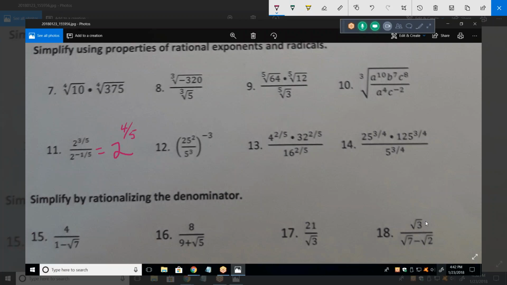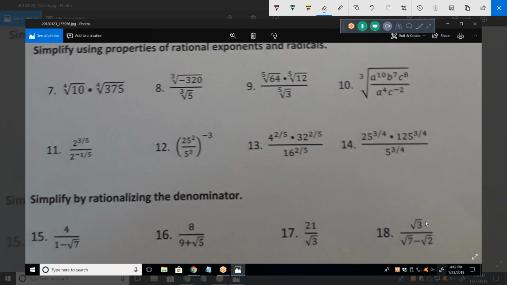Hmm. 12 is a little tricky. And the reason it's a little tricky is because you don't have the same base and you don't have the same exponent. So you can't immediately apply the rules of exponents. But there is something very in common between the numbers 25 and 5.